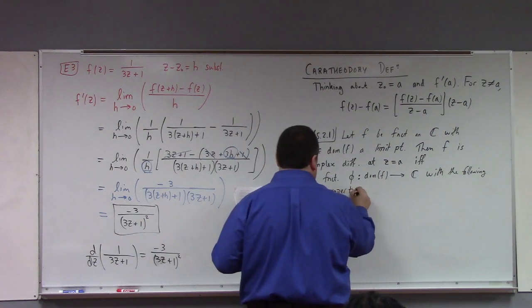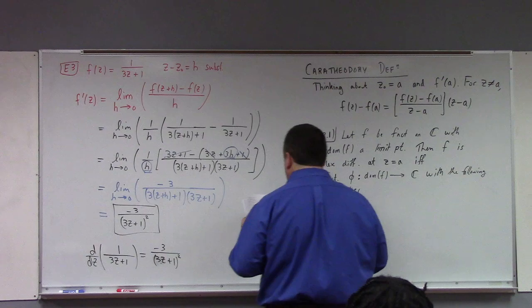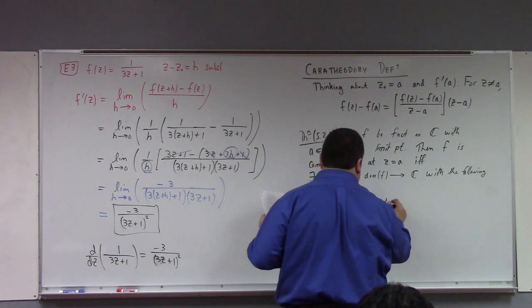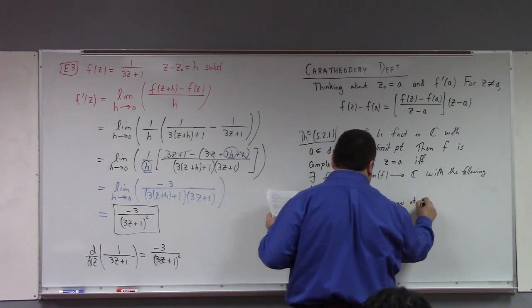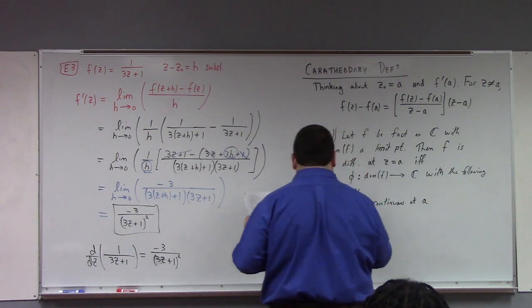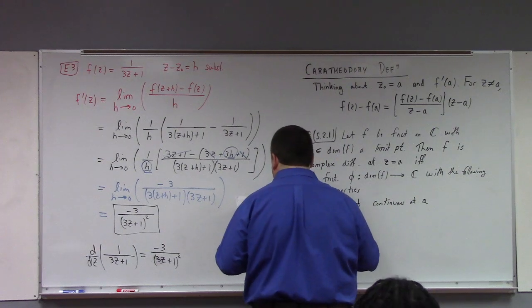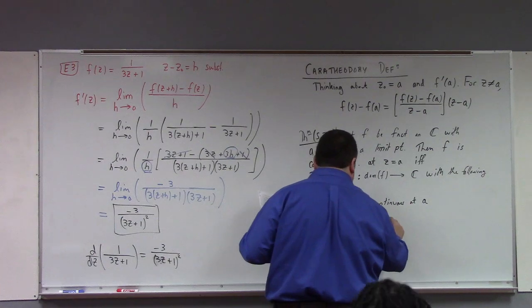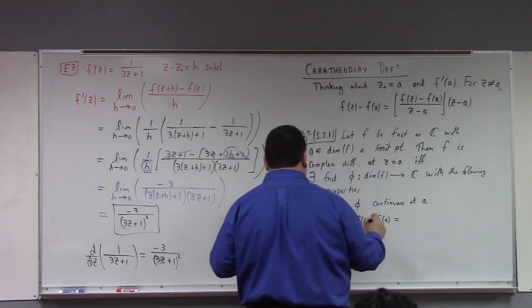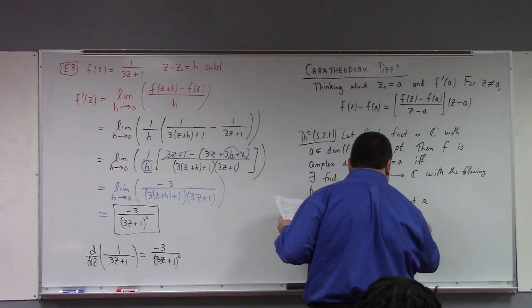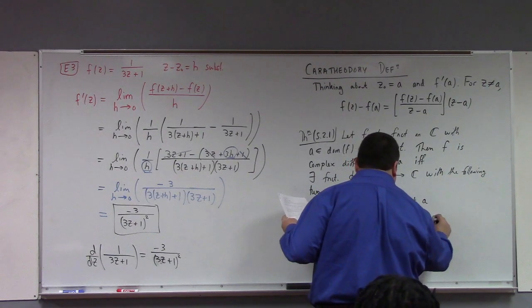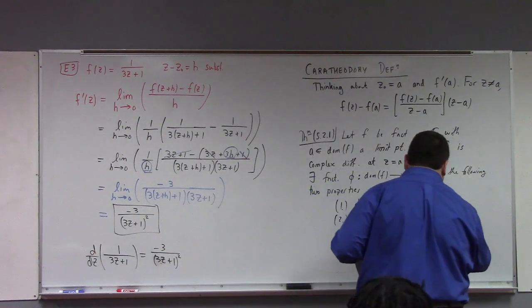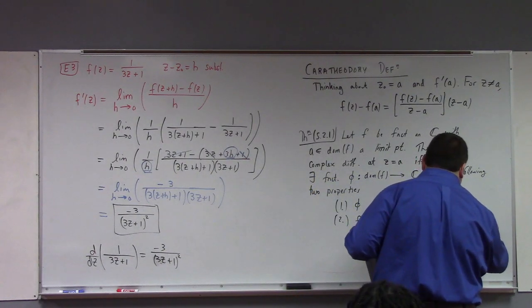What are the two properties? Number one, phi is continuous at a. And two, f of z minus f of a is equal to phi of z times z minus a for z in the domain of f, okay?